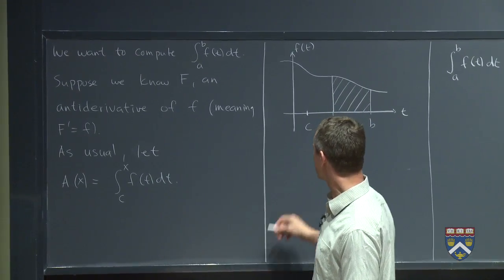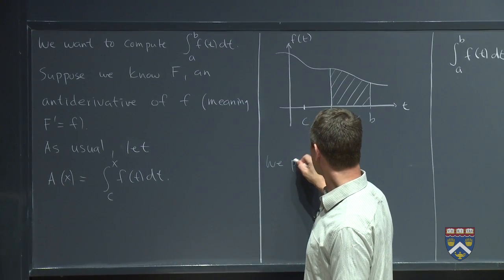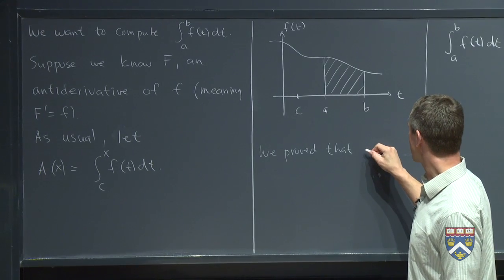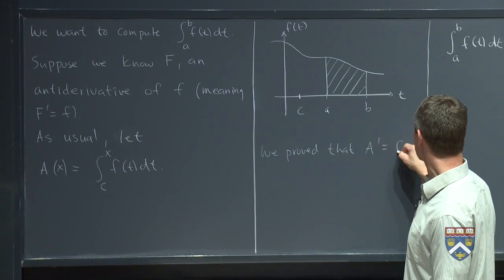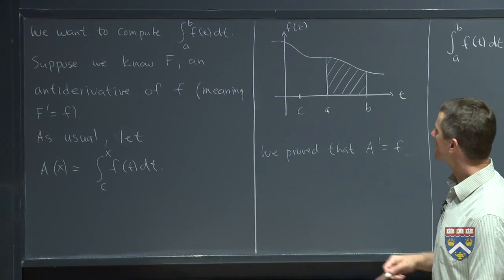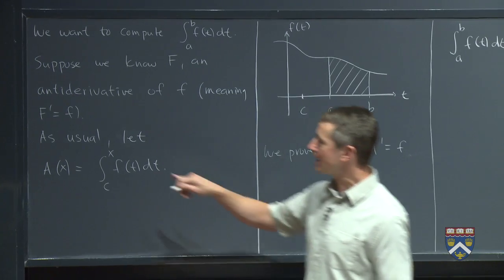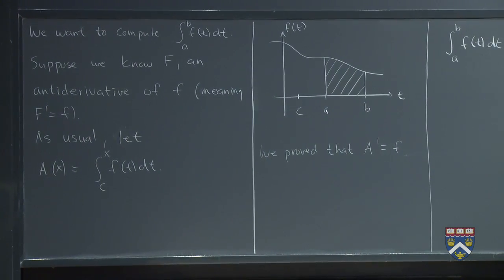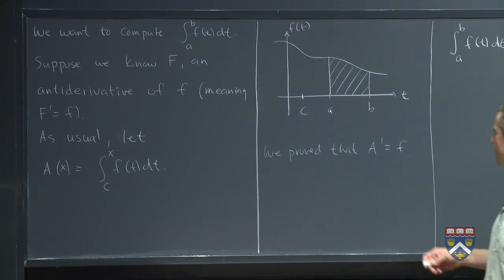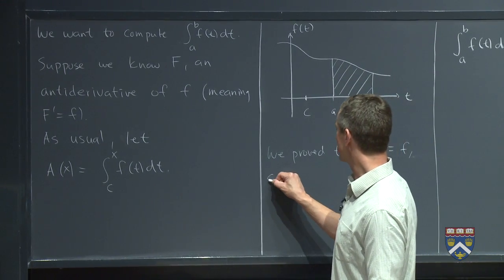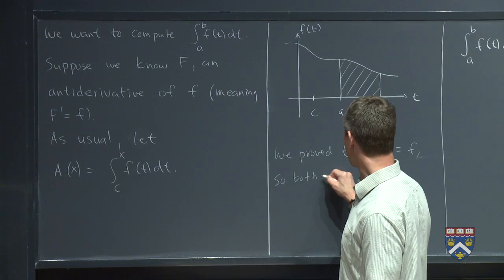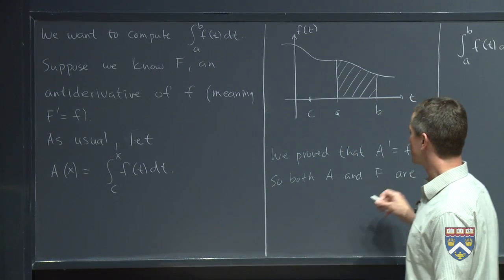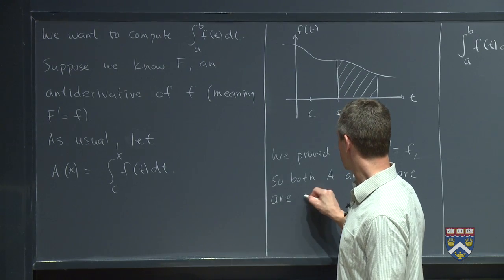So we proved that, what did we prove in our previous theorem? We proved that A prime is little f. So since A prime is little f and big F prime is little f, that means both A and big F are antiderivatives of little f.